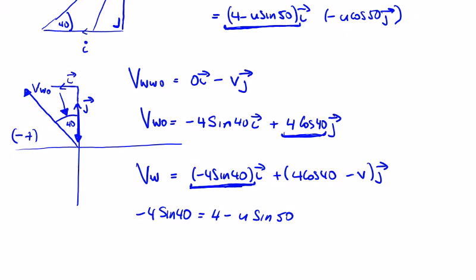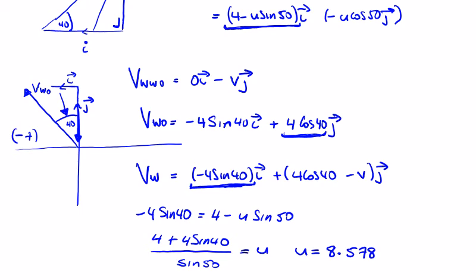Rearranging, we get 4 plus 4 sine 40; the minus u sine 50 goes to the left, and then we divide by sine 50 to get u. So u is equal to, on the calculator, 8.578.